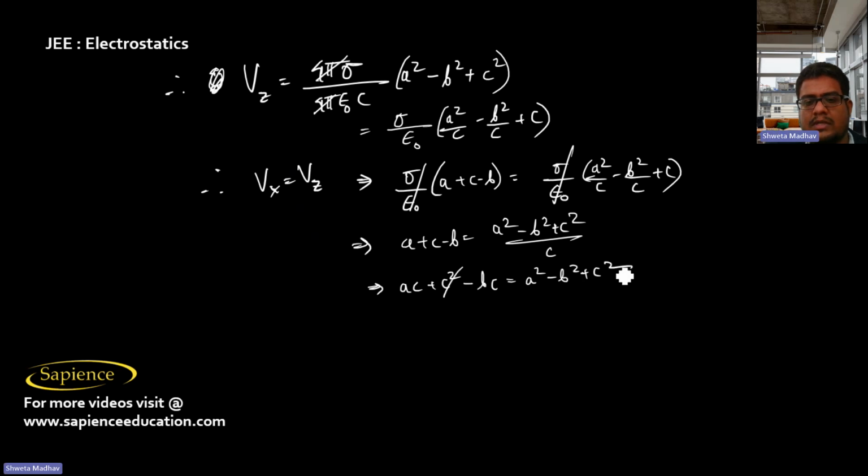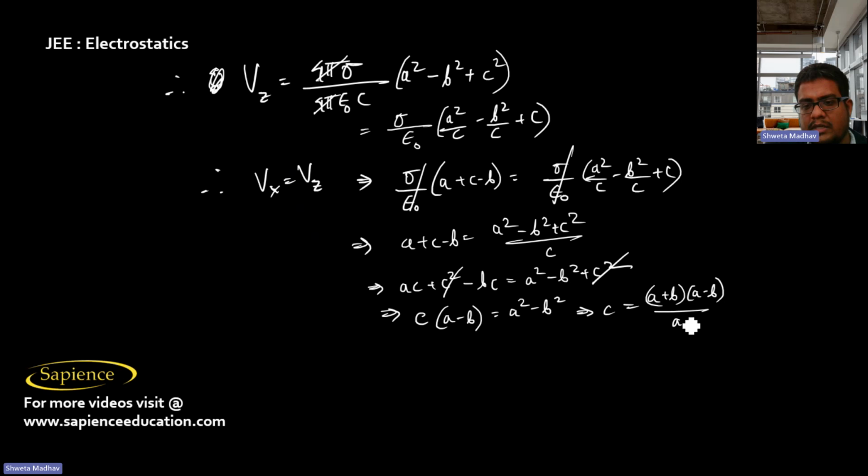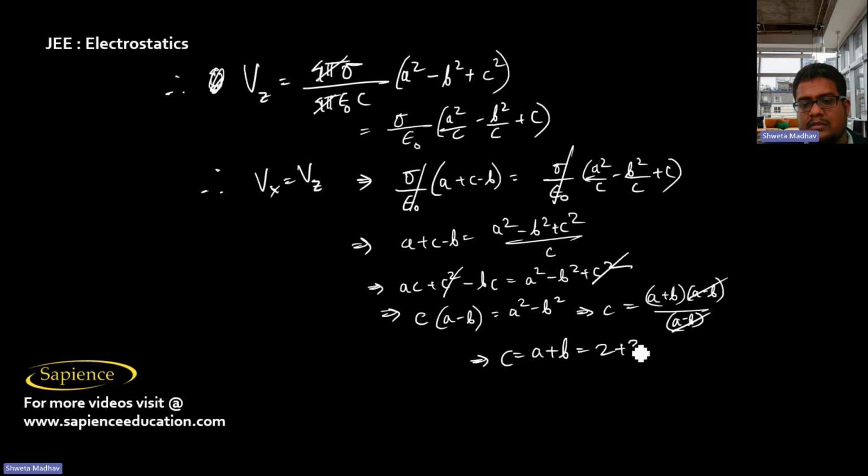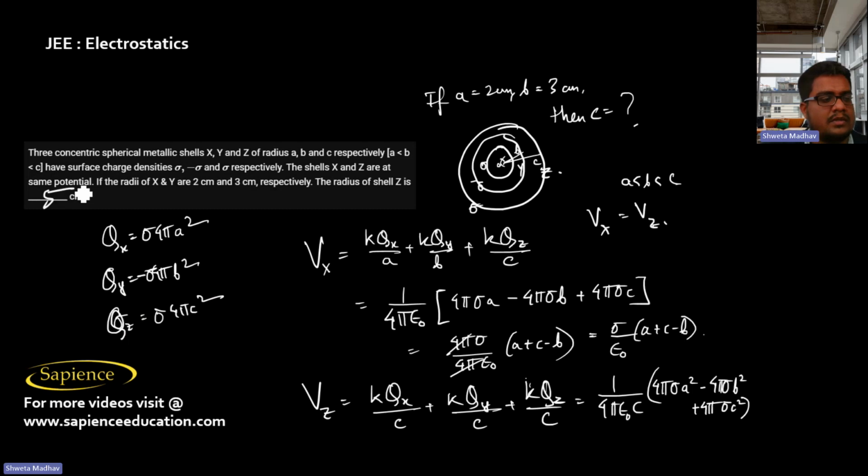Now C square will cancel out. So C into A minus B is equal to A square minus B square. So C will be equal to A plus B into A minus B by A minus B, and A minus B will cancel out. So C equals A plus B. A is 2, B is 3, so C is 5 centimeter. 5 centimeter is the answer.